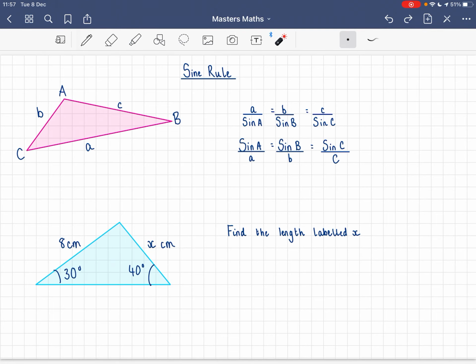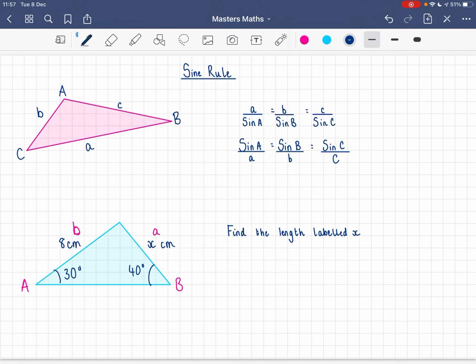We're going to use it to work out what x is, and we are finding a length, so I'm going to use the first form of the equation. I'm going to call this angle A, so this becomes side A, and this is angle B, so this becomes side B. We're not going to use C at all. We could label it if we want to, but we don't need it, so I'm just going to ignore it.